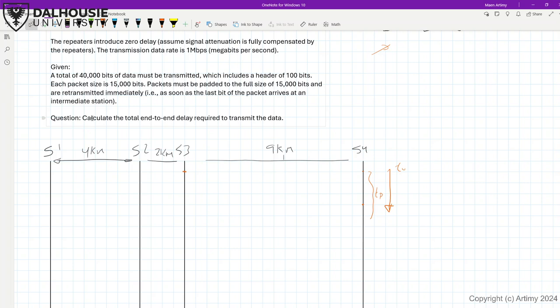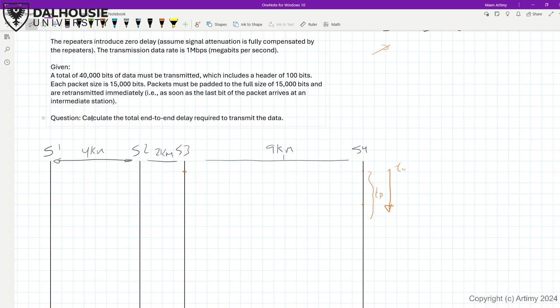Until the data is actually transmitted over the physical link. Here there's no mention of which layer or which transport. What we can gather from this paragraph is that we have 40,000 bits of data, and there is a header in that part, 100 bits. So the whole thing is 40,000, right?